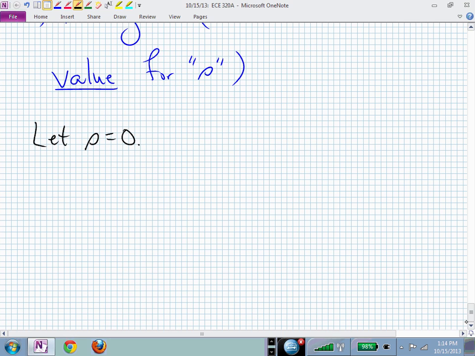But now we have F of s evaluated at 0. On the left-hand side, we have 2s plus 1 over s plus 1 squared, s plus 2.